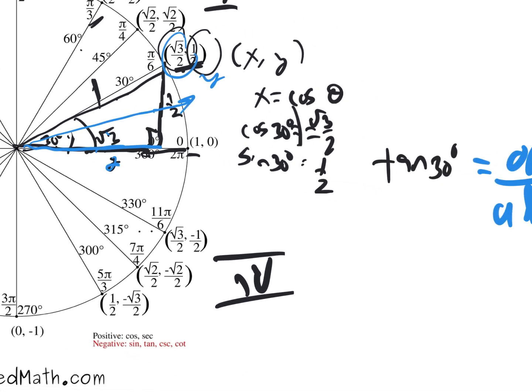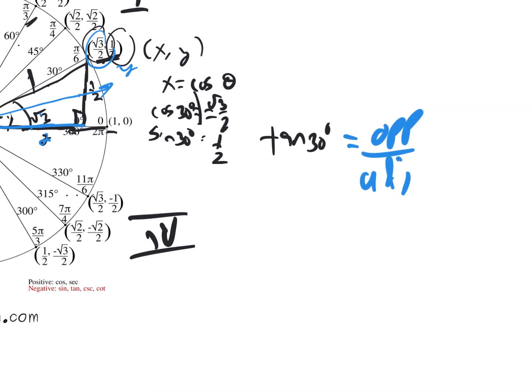So we can say the tangent of 30 is also equal to y over x. So I'll just plug in my y, which was 1/2, divided by square root of 3 over 2.